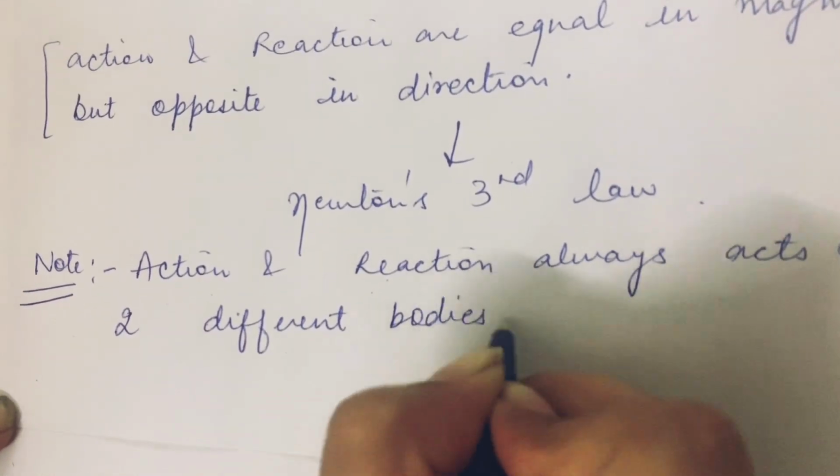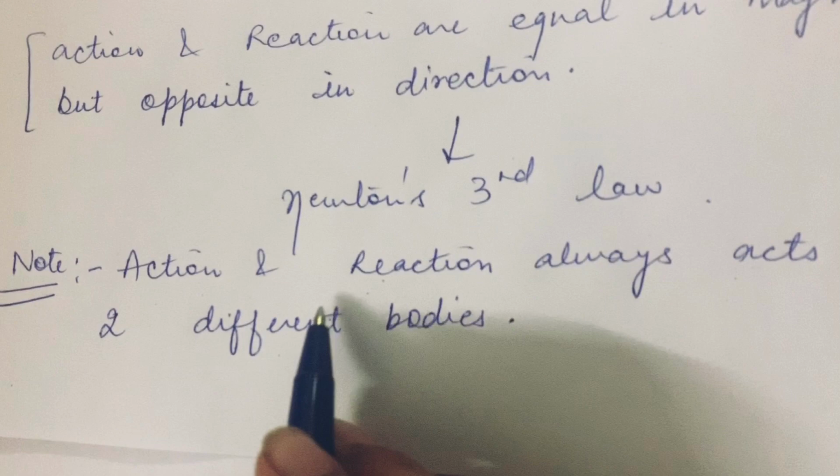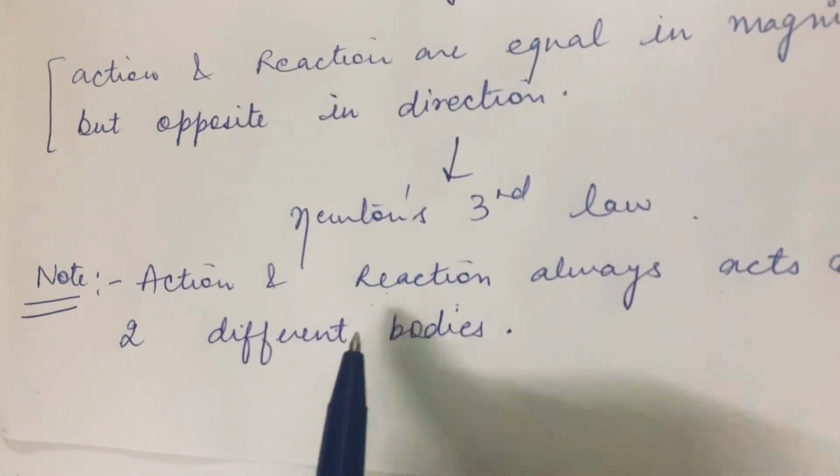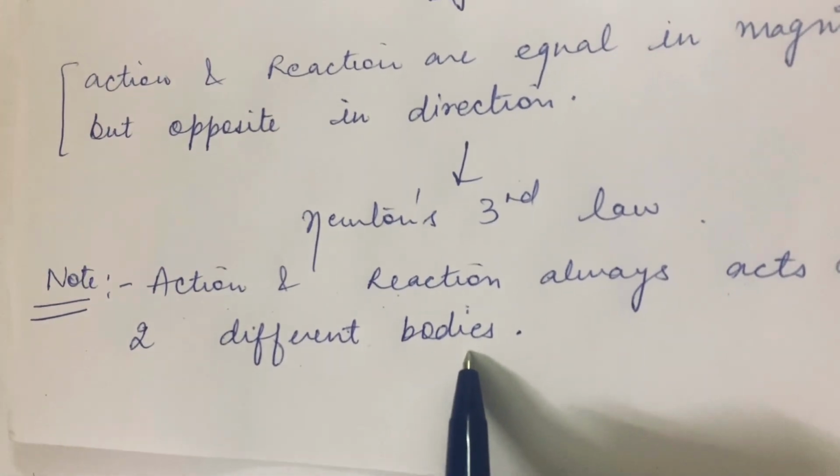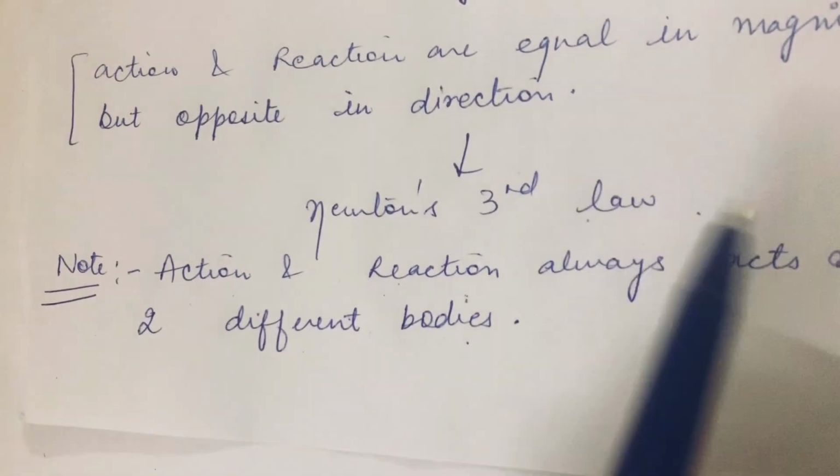Always remember that these action and reaction forces always act on two different bodies. Let us illustrate this law with more applications. Now we are going to do applications of the third law.